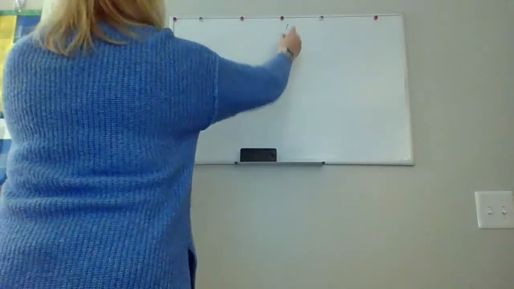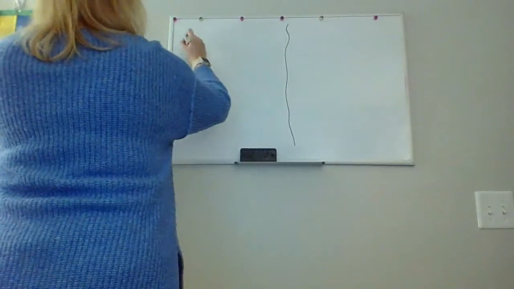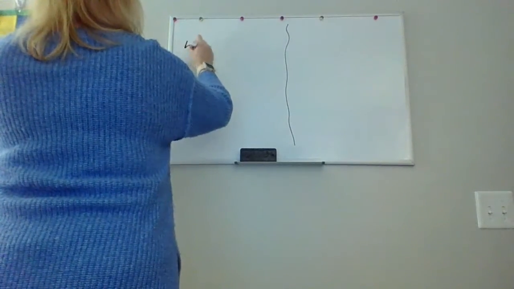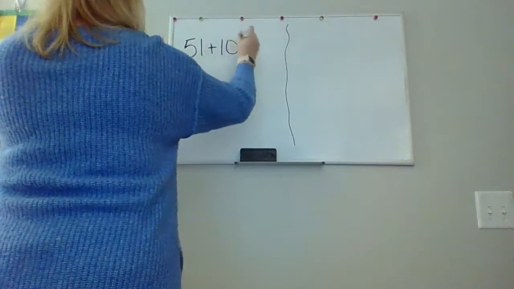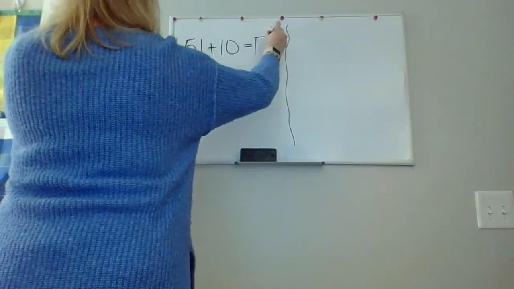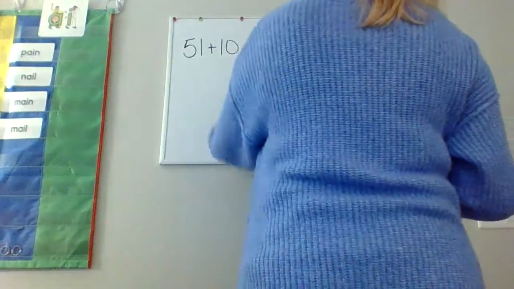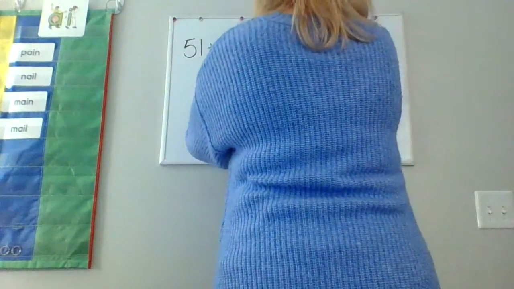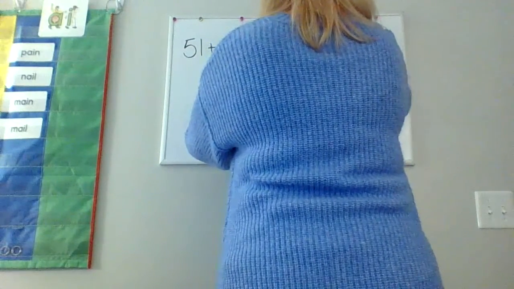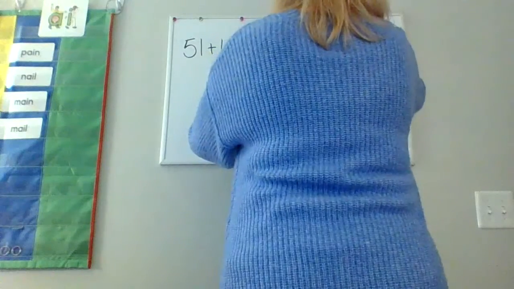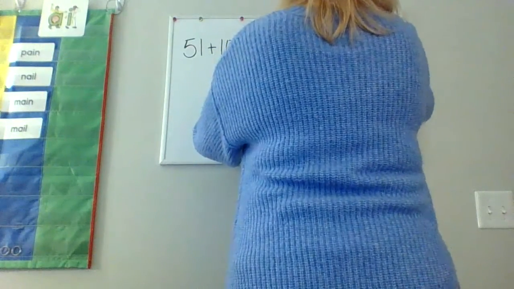So the first problem is 51 plus 10 equals unknown. And the second problem is 84 plus 10 equals unknown. These two problems aren't related.